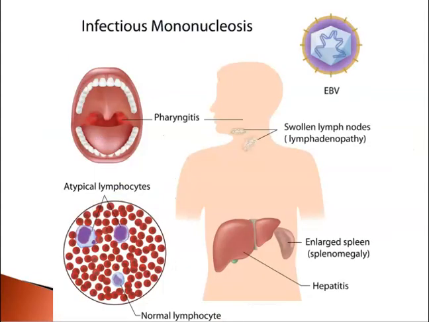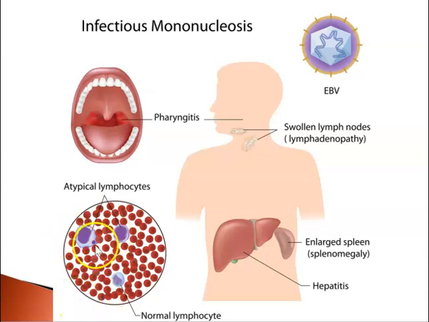This slide is just going over some of the different symptoms that go along with infectious mononucleosis. Also, you can see what the Epstein-Barr virus looks like. Pharyngitis is just another way of saying that mononucleosis causes sore throat. You can see the swollen lymph nodes there.